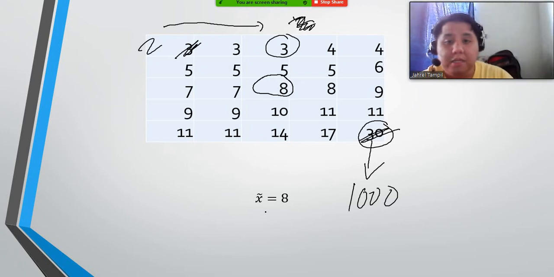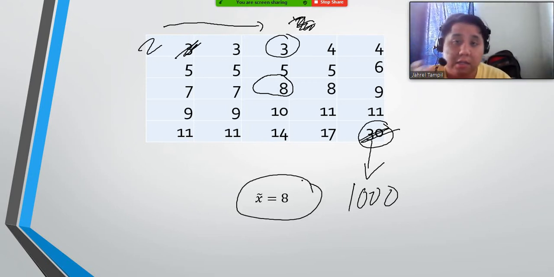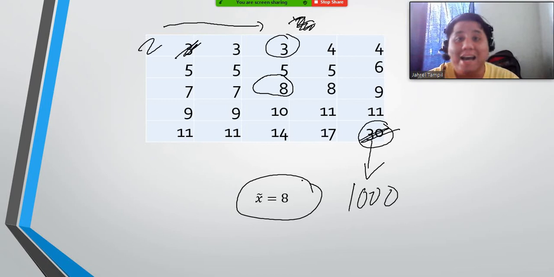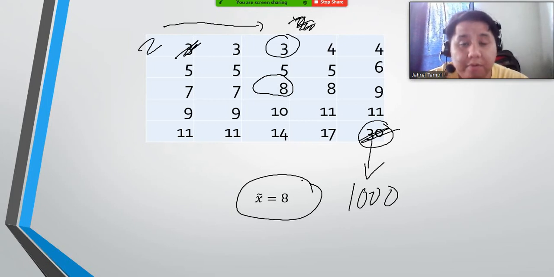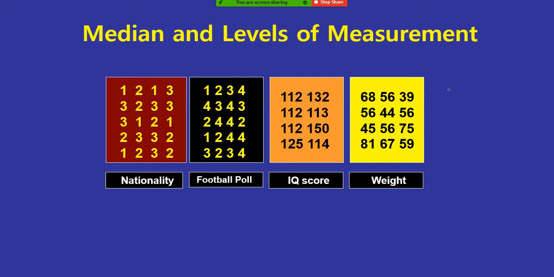So the median is not easily affected by outliers or any extreme scores. This is usually a powerful measure, especially if we have outliers in our data. So more people would usually use the median if they know that there are outliers in their data.